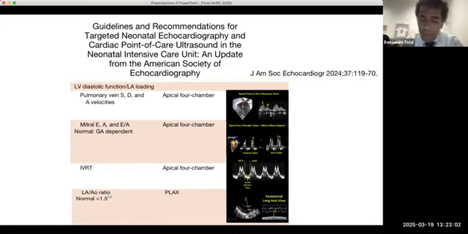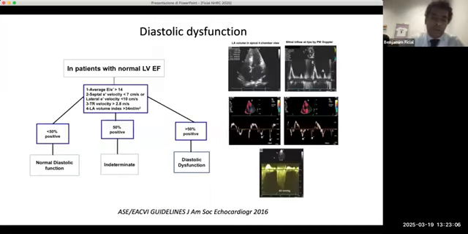So I will not be going into details, but let's have a quick look at the adult recommendations. So these are the recommendations for the assessment of diastolic dysfunction in adults. A combination of echo measurements is suggested. However, there is a significant proportion of subjects in whom diastolic function cannot be determined.